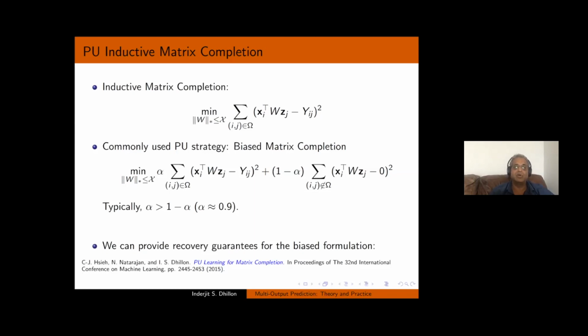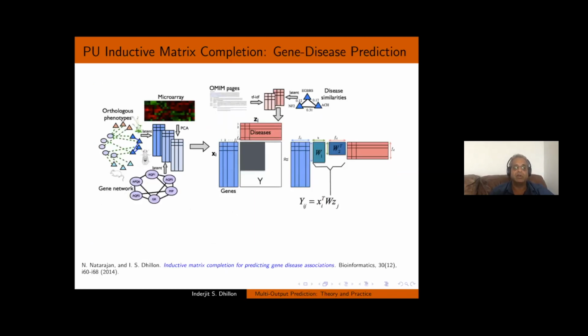I'm not going to go into detail over here, but these methods actually perform quite well in practice, where we use inductive matrix completion, but a positive unlabeled version of this problem.